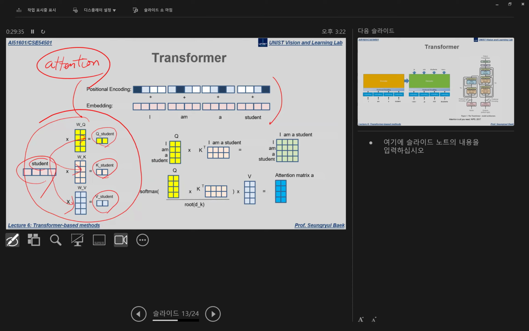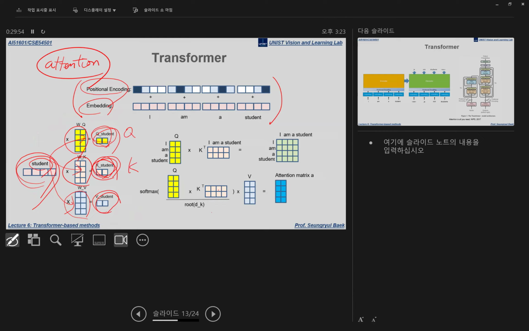This is the original word embedding added with the positional encoding vector, but you are transforming the original word embedding to some features, and we call those features query, key, and value. There are Q, K, V. Those are some intermediate features, some vectors to represent these word embeddings.